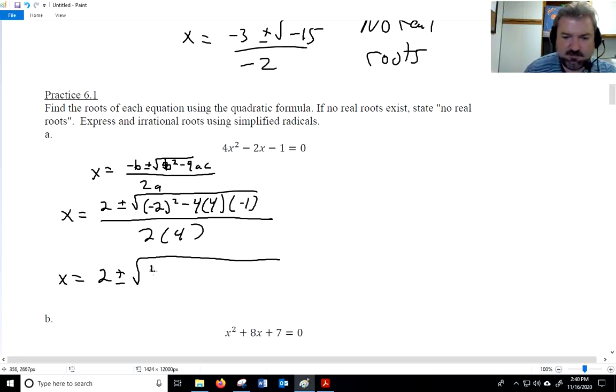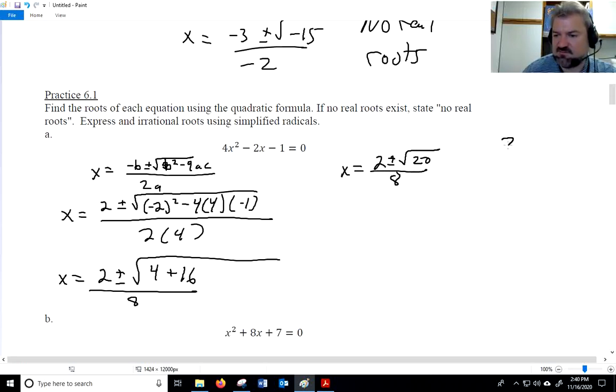Negative 2 squared is 4. I have a minus, but with one negative, that's going to become a positive. So plus 16 all over 8. So that's x equals 2 plus or minus the square root of 20 over 8.